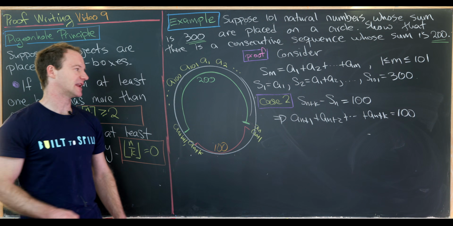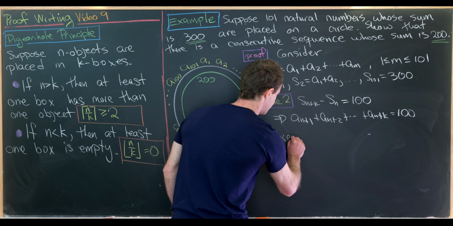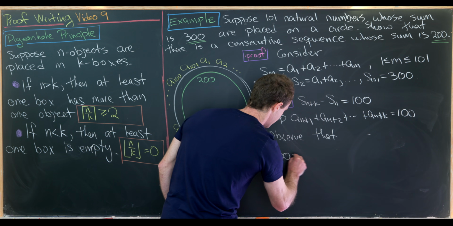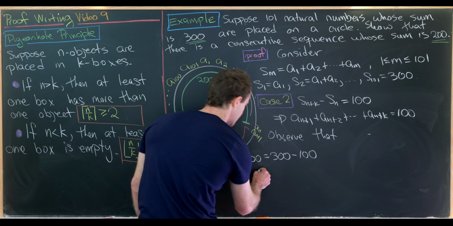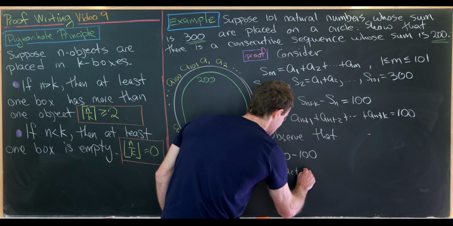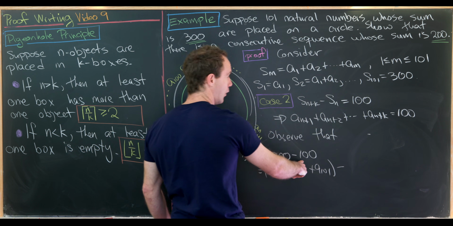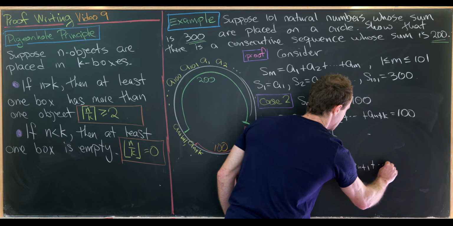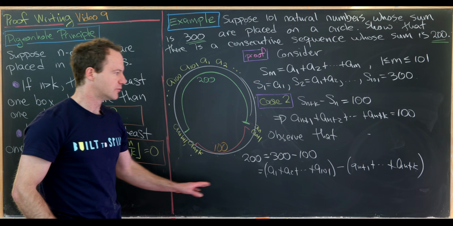We can now put that into words as follows. We observe that 200 is the same thing as 300 minus 100. I think that's pretty obvious. We can write 300 as a_1 plus a_2 ending at a_101, and we can write this 100 as this sum right here, a_{n+1} ending at a_{n+k}.